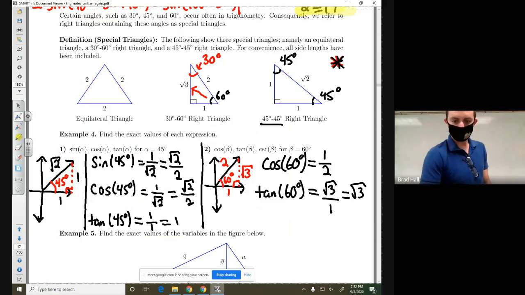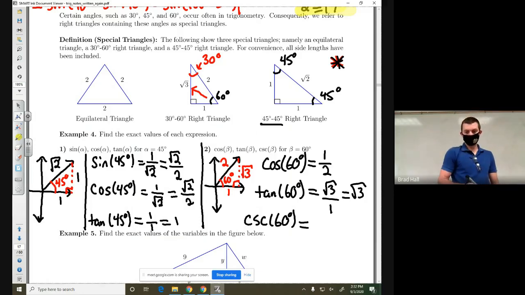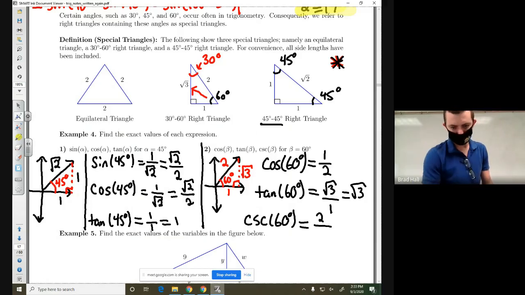And they also ask for cosecant. And cosecant is just sine flipped. It's going to be hypotenuse over opposite. The hypotenuse is 2, and the opposite, where are we at? Square root of 3.